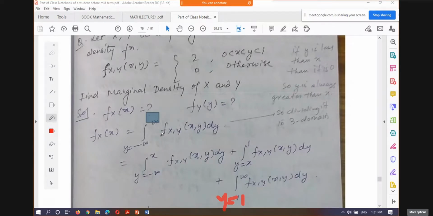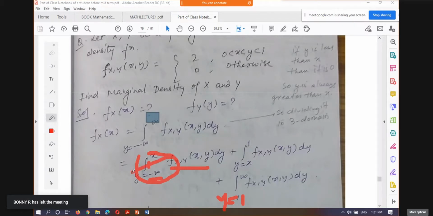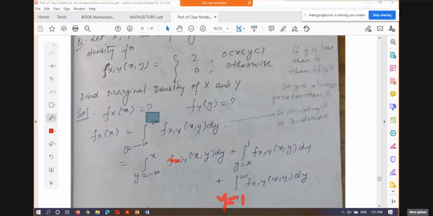Why split it like that? Because you have to integrate from minus infinity to plus infinity. In this domain, y is moving from minus infinity to x, so y always remains less than x. So in this domain the value of f of x, y is 0, from this definition.